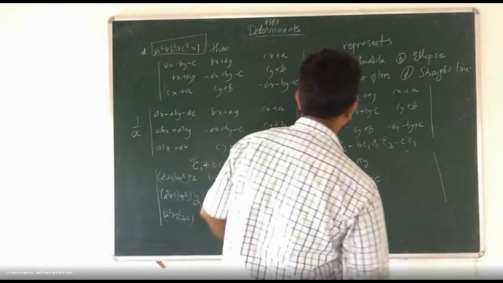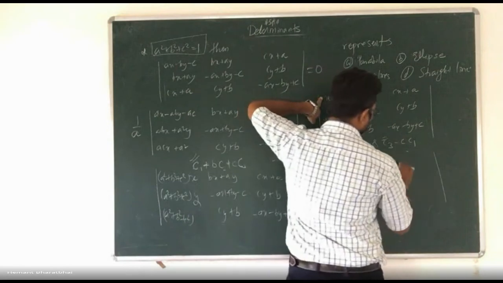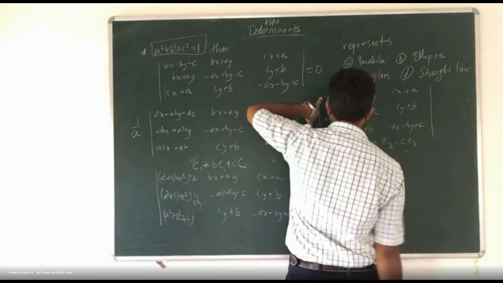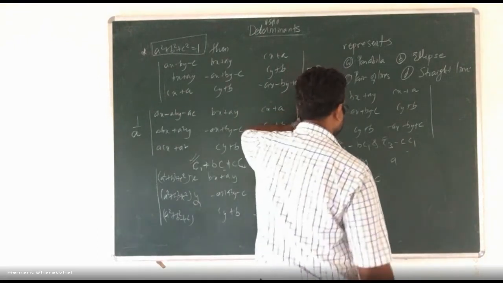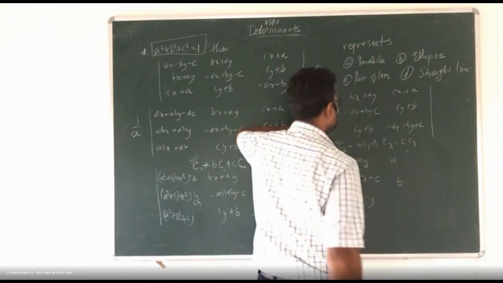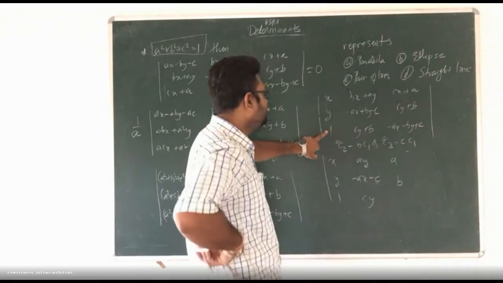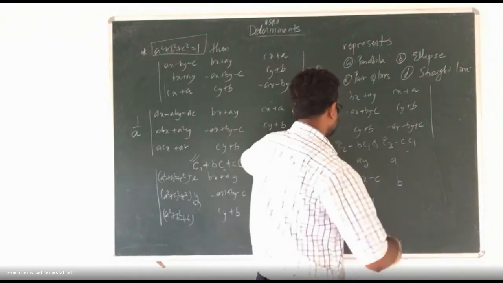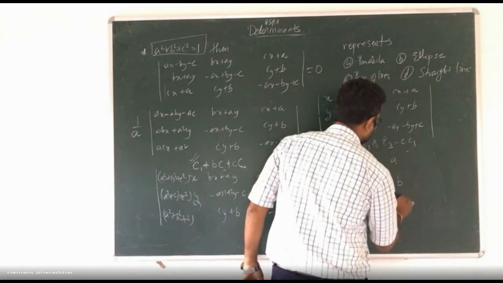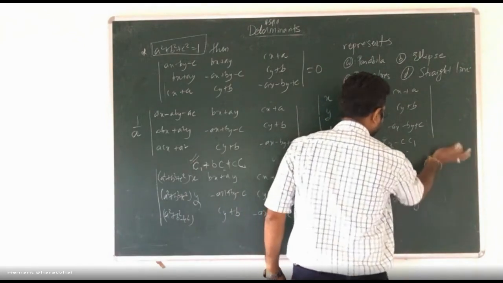Similarly here cx plus a minus cx, so only a will remain. Then cy plus b minus cy, so only b will remain. Here minus ax minus by plus c minus c, so what will remain is minus ax minus by.